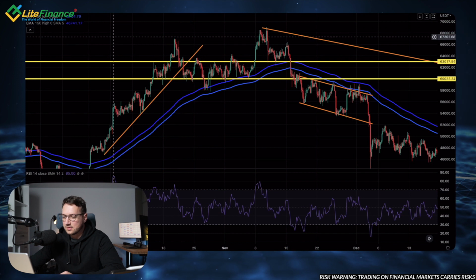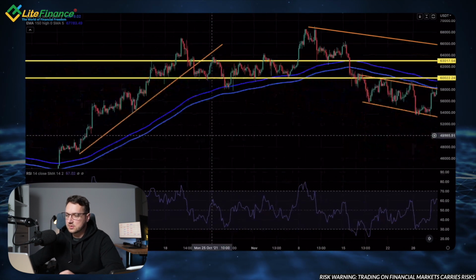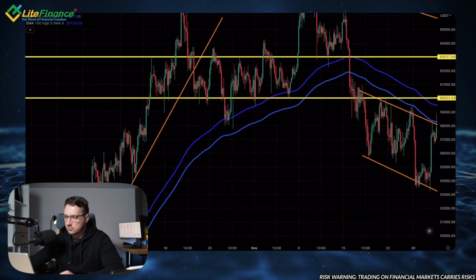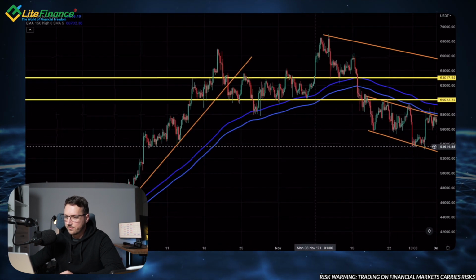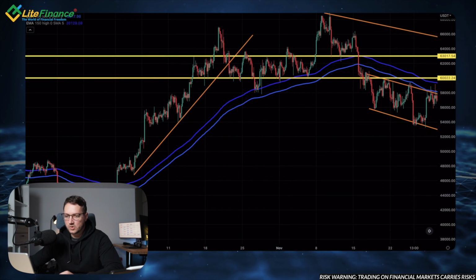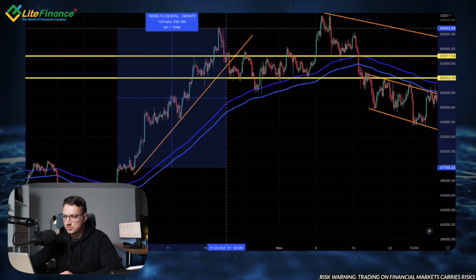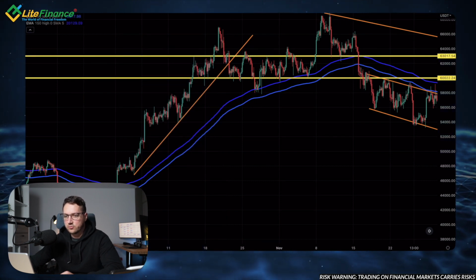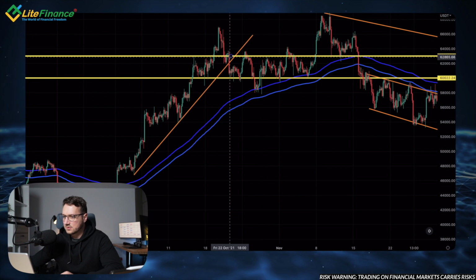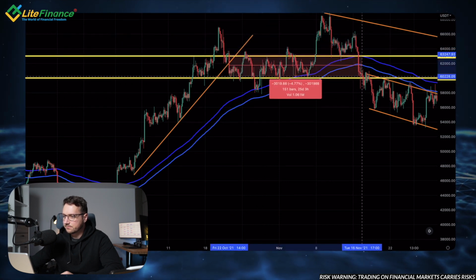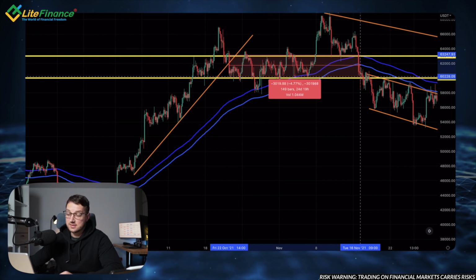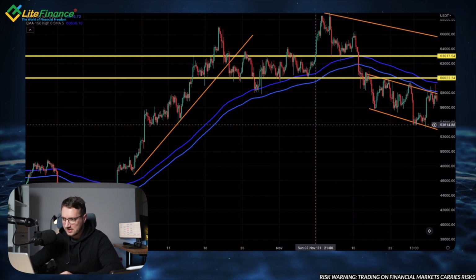Okay, next thing that we need to pay attention to is, of course, the time period at which the price is moving. When we measure this moment over here, we can see that this upward movement lasted for 20 days. And if we check this consolidation period, we can see that it lasted 24 days, which means that it lasted longer than this upward movement.